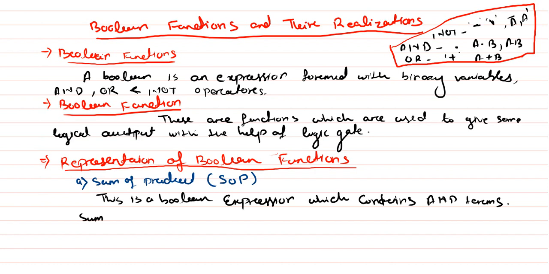Sum denotes ORing, so ORing means we are making an OR operation on these and terms. It is a bit confusing, so let us understand this from a simple example.